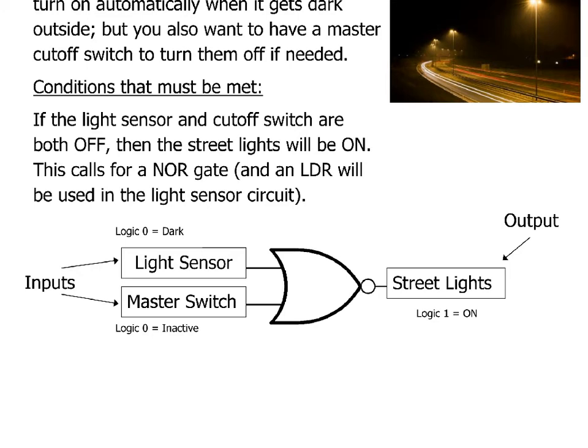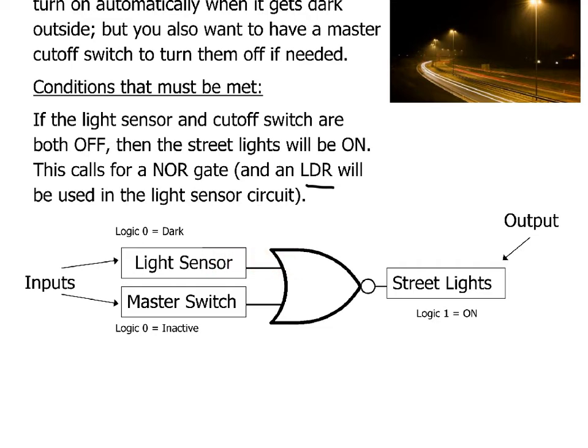You might be curious, how do you get a light sensor? Well, you would use a circuit that contains an LDR, a light-dependent resistor. The LDR, you may remember, changes its resistance based on the light that is striking its sensor. So you can set up control circuits that will respond to the light levels, and then you basically incorporate that into a light sensor.